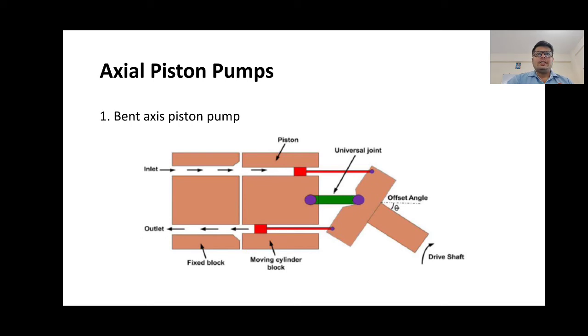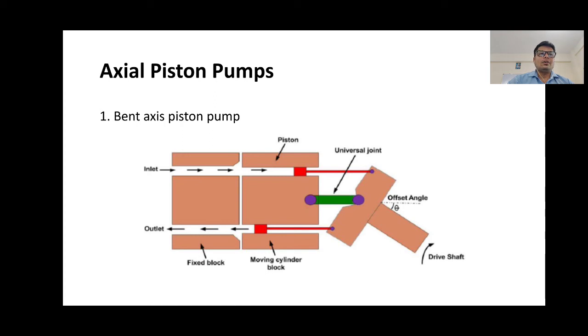The volumetric displacement of the pump is controlled by changing the offset angle. It makes the system simple and inexpensive. These pistons are forced in and out of their bores as the distance between the drive shaft flange and the cylinder block changes.